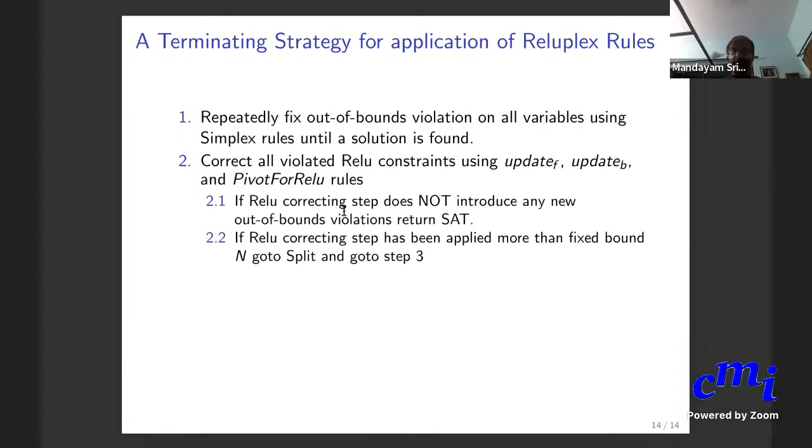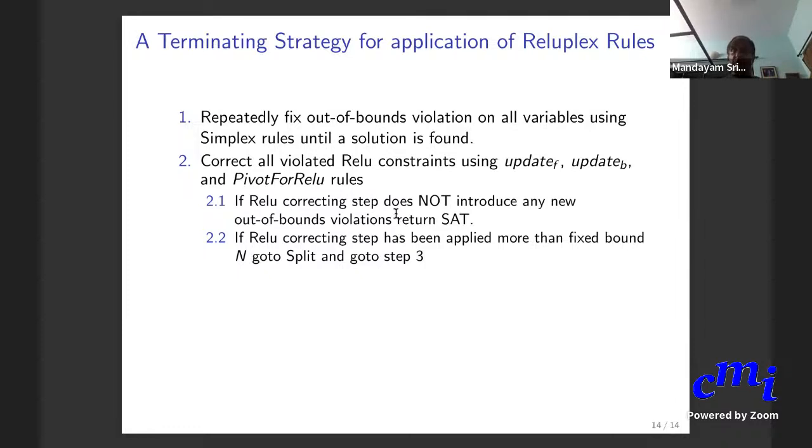If the ReLU correcting step, that is step 2, does not introduce any new outer bound violations after you correct all of them, then you have been able to successfully fix all the ReLU constraints. Note here that you're not making any LP call at all. All you're doing is applying update F and update B and maybe pivoting, without using any of the original simplex rules. There are no LP calls.